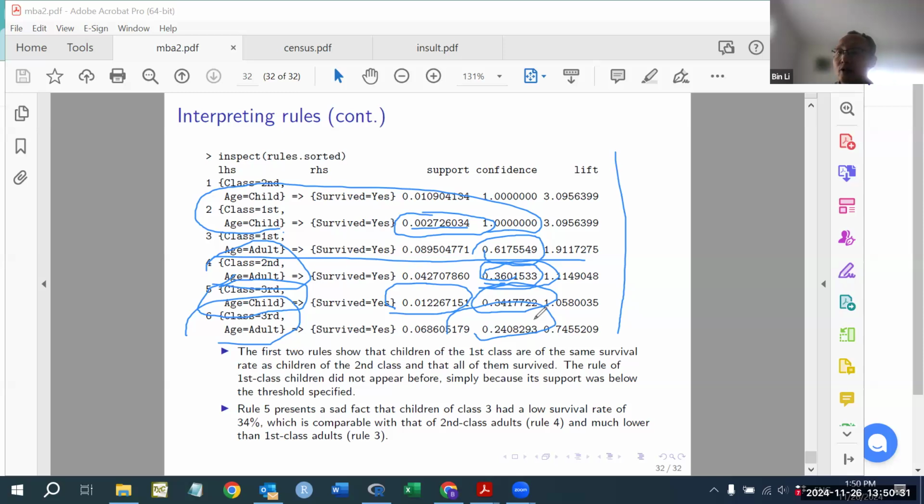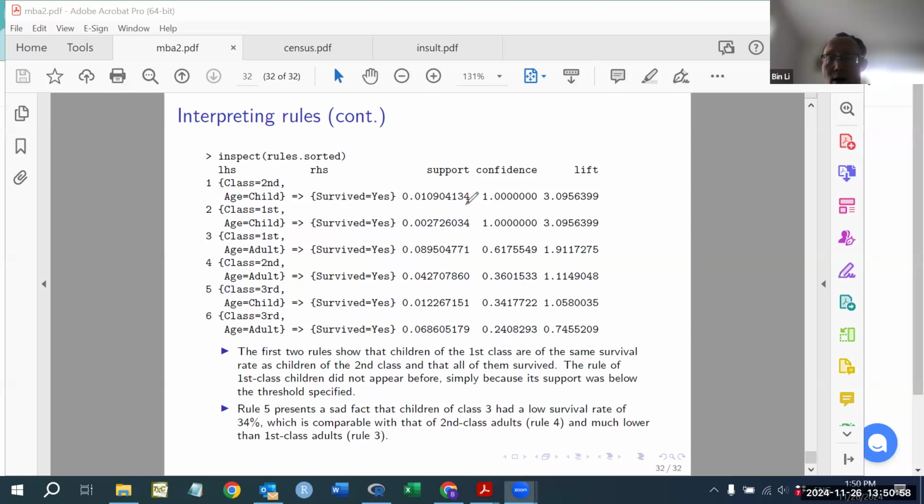So sometimes you need to lower the threshold for the support and lift and or the confidence so that you can see the results. And it is common that if you don't pay attention to this, you may misinterpret the association rule mining results. Okay, so this is the association rule mining. Any questions?